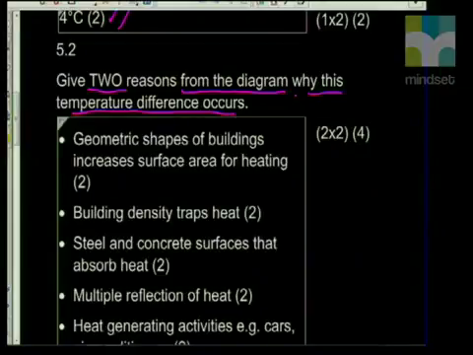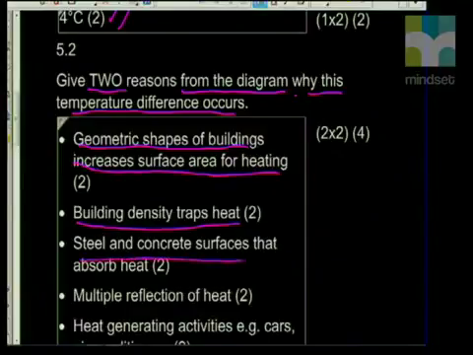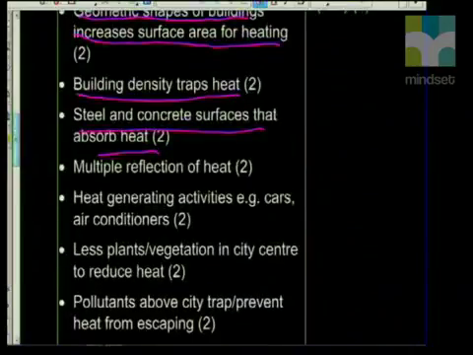Can you see? Geometric shapes, and we saw that increase the building, increase the surface area of heating. Here your multiple reflections come in. Building density traps the heat. Steel and concrete surfaces that absorb the heat. Multiple reflections of the buildings.